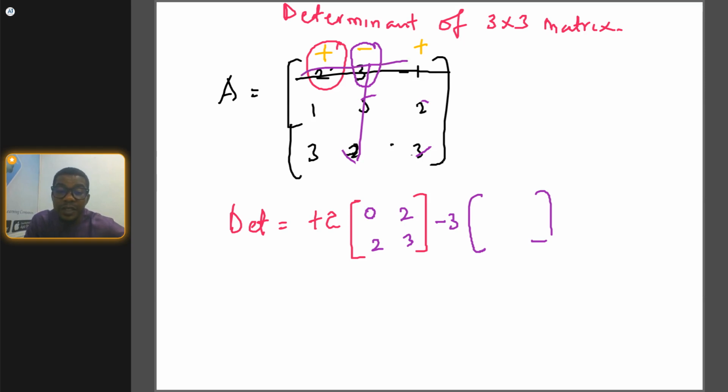So the value left is this 1, 2, 3, and 3. This is the way we go about solving the determinant of a 3 by 3 matrix.